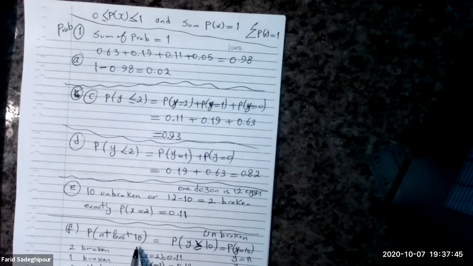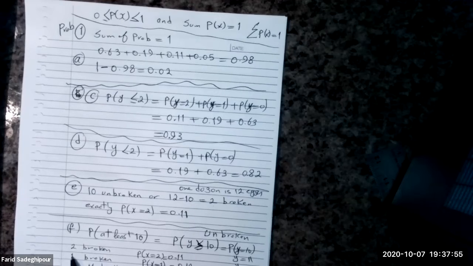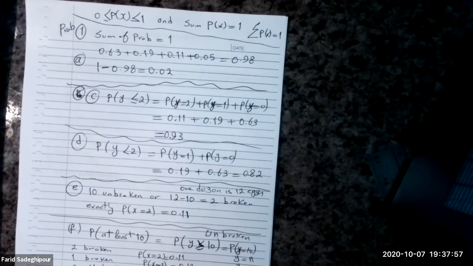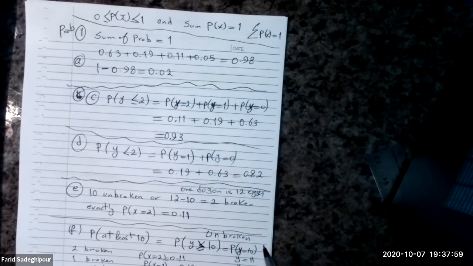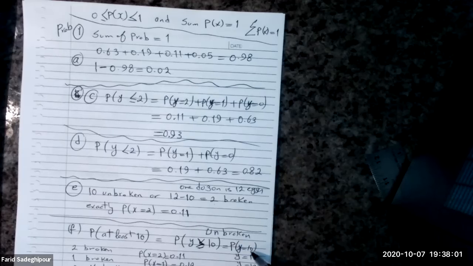And so on. At least, this is for number F. What's the probability if at least 10 eggs are unbroken? That means when 10 is unbroken, means 2 broken. 1 broken, 0 no broken. So you change it to probability of y equal 10, 11, and 12, which is probability of 2, 1, and 0. Okay.